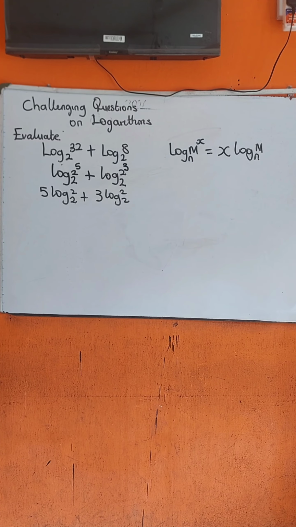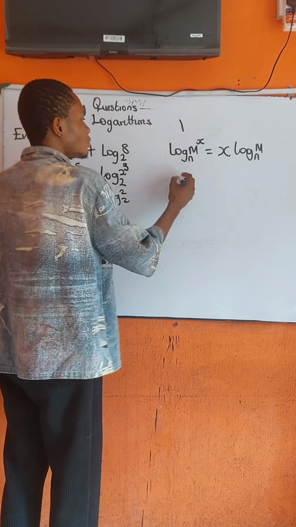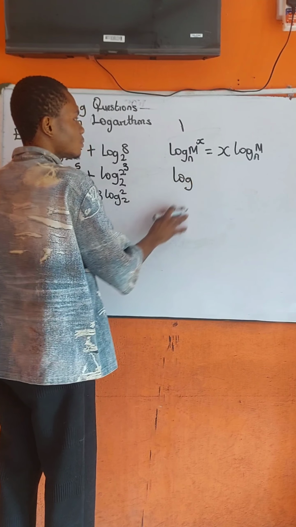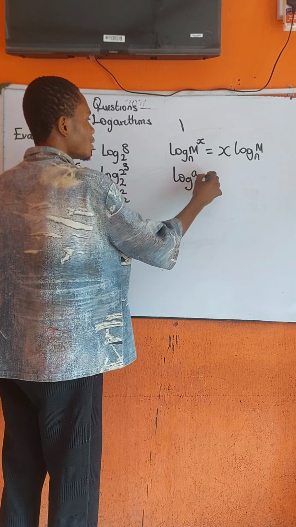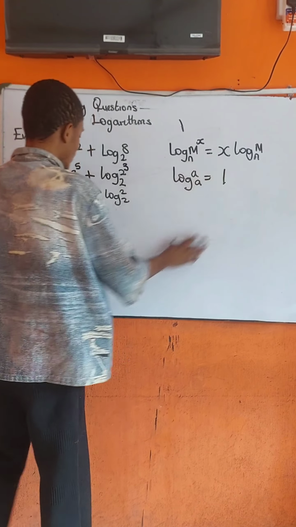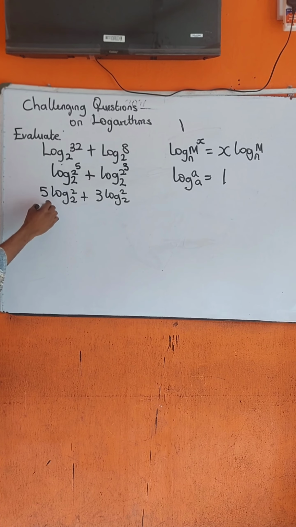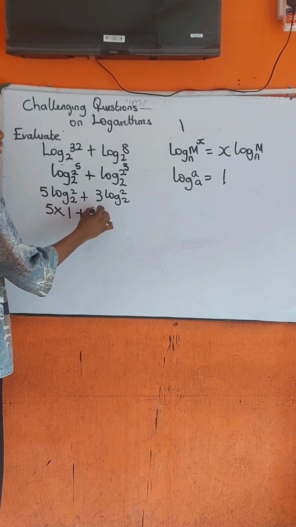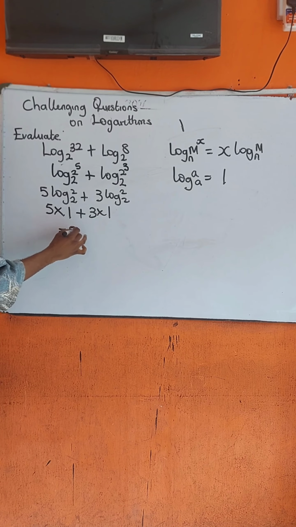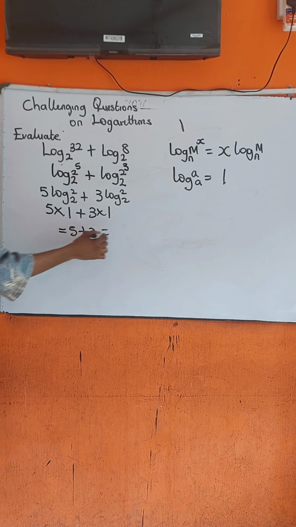Furthermore, look at another one: if you have log a base a, it is equal to 1. So here we have log 2 base 2, so we have 5 times 1 plus 3 times 1, which is equal to 5 plus 3, which is 8.